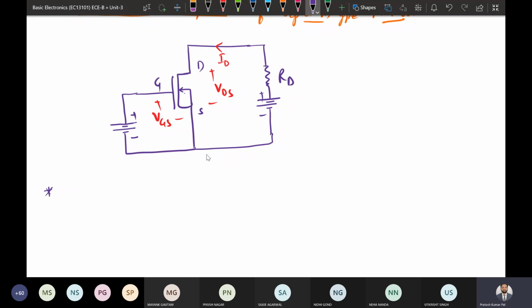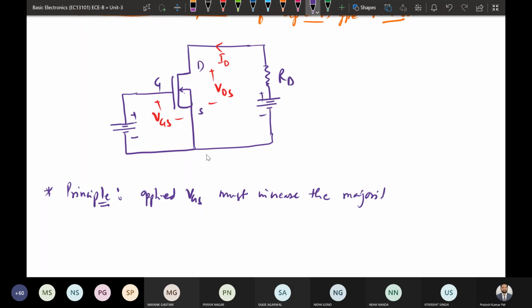So here, the principle of operation is that the applied VGS must increase the majority charge carriers of the channel.